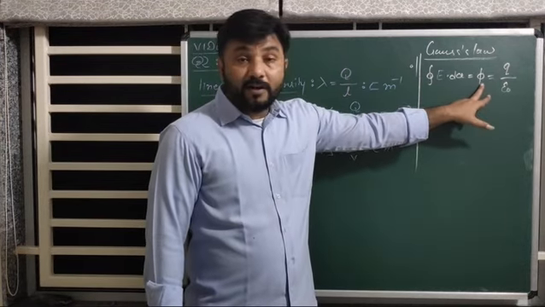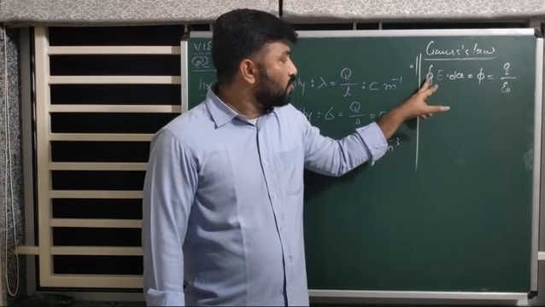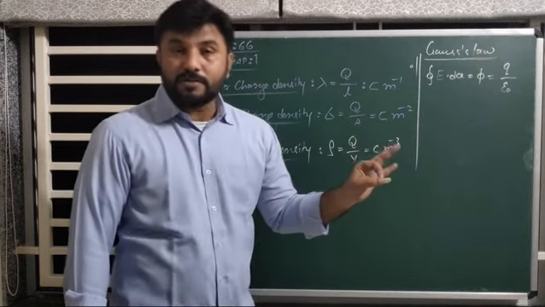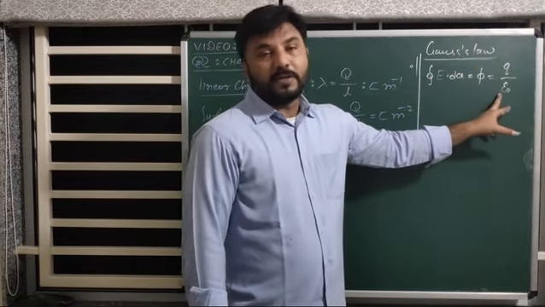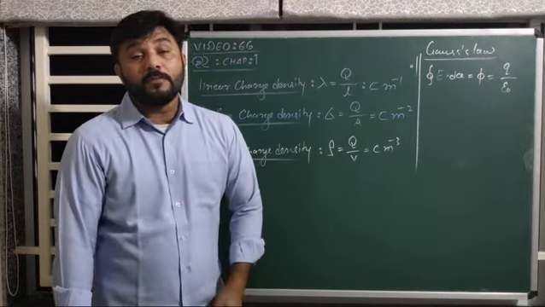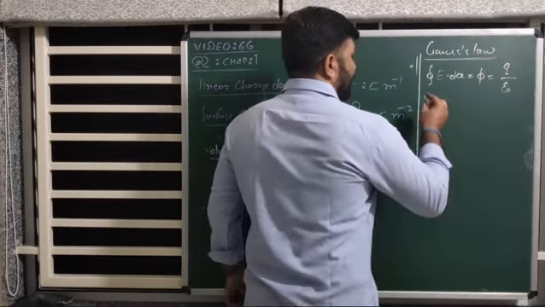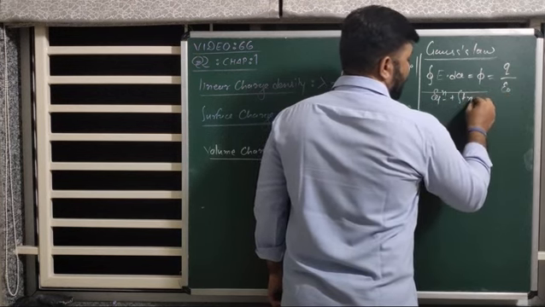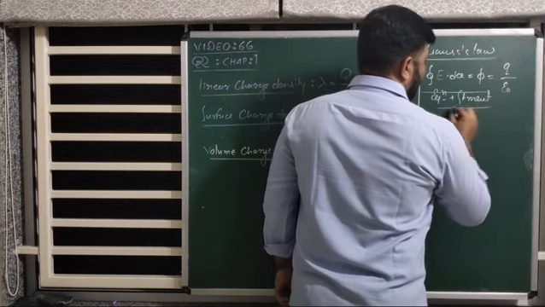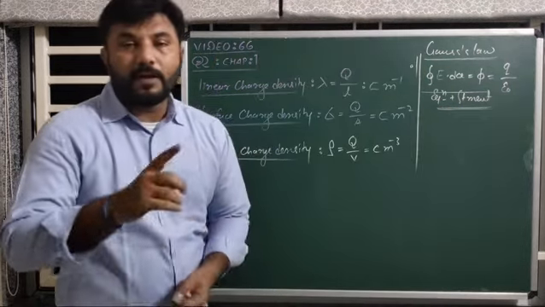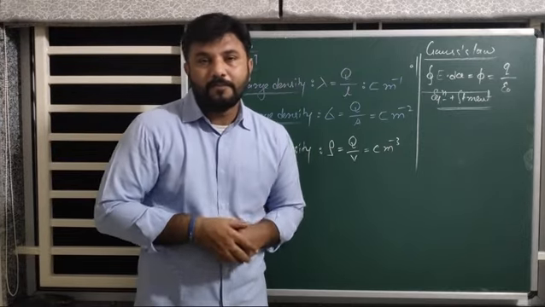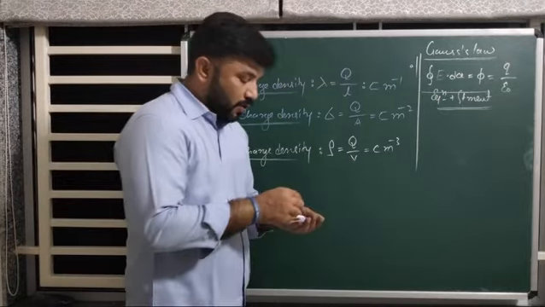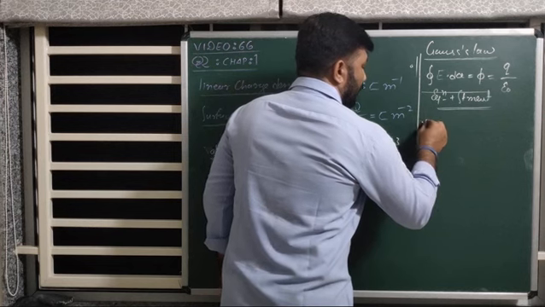Electric flux associated with a closed surface is the ratio of total charge enclosed to epsilon 0, and we know what epsilon 0 is. So the equation plus statement is 1 mark, and if it is asked as a 2-mark question, it will be your homework, writing homework in the assignment.